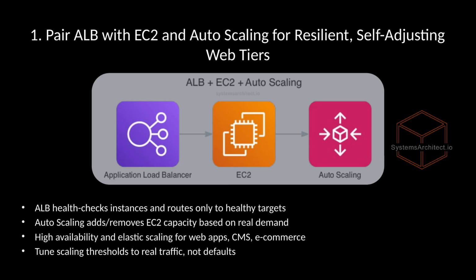Together, they turn a static web tier into one that breathes with traffic, handling a launch day surge without manual intervention. It's a natural fit for web applications, content management systems, and e-commerce storefronts. One habit worth building early is tuning your auto-scaling thresholds against real traffic, not defaults.